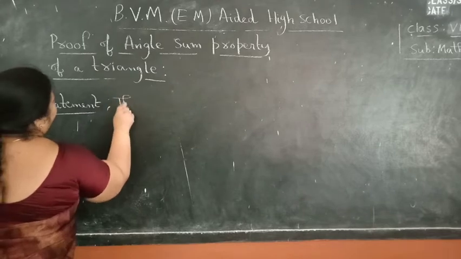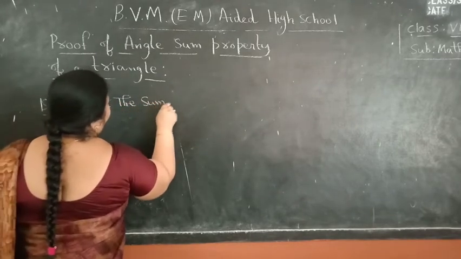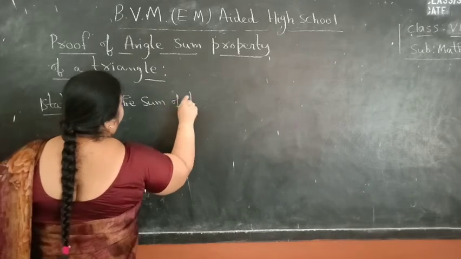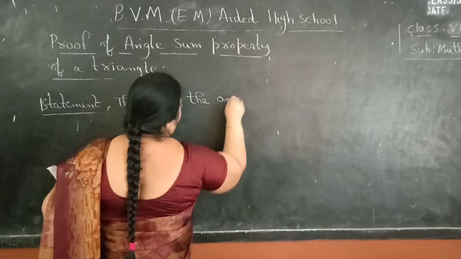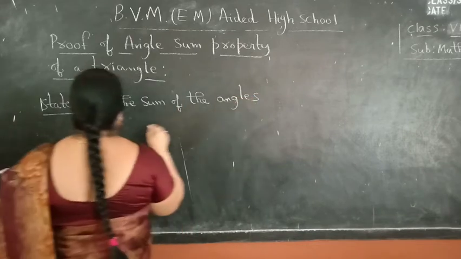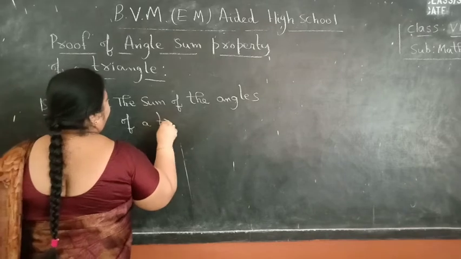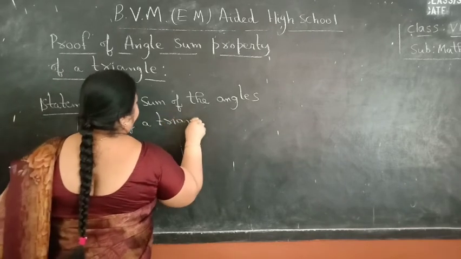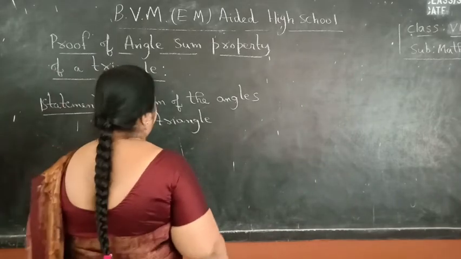The sum of the angles of a triangle is 180.